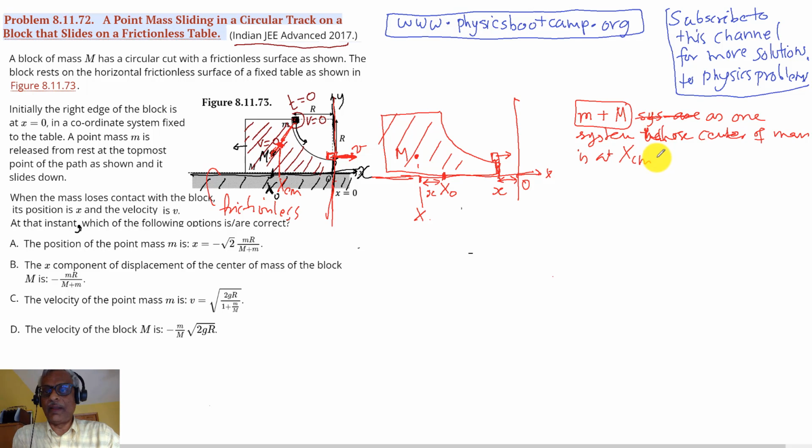This together, on the x-axis and YCM. So over here is the YCM.